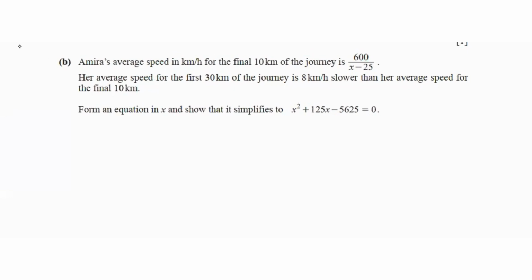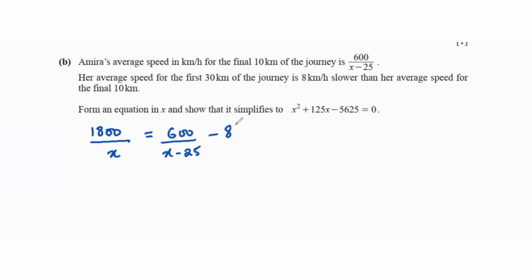So her average speed for the first 30 kilometers, which we found as 1800 over X, is 8 kilometers slower than her average speed for the final 10 kilometers. So that means we subtract 8 from 600 over X minus 25.